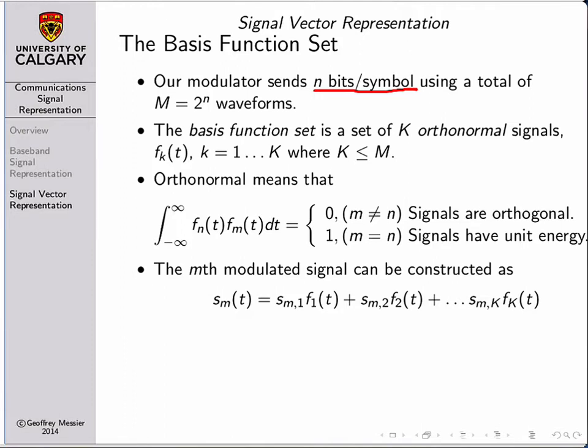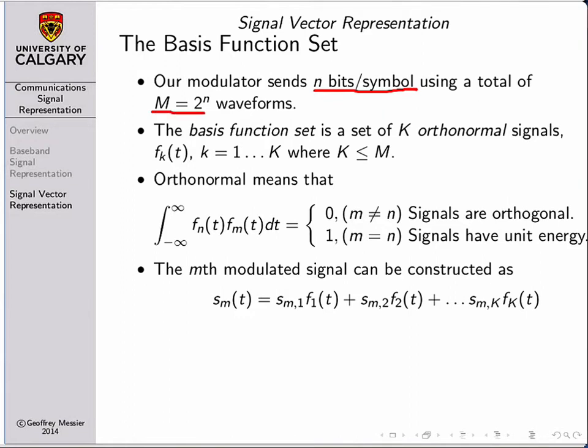And so we could say the analog modulated signal, or we could simply refer to that signal as a symbol. If we're saying we have n bits per symbol, that means that each analog waveform that we're sending through our analog channel represents a total of n bits. And so the total number of waveforms sent by our modulator is M equal to 2 to the n.